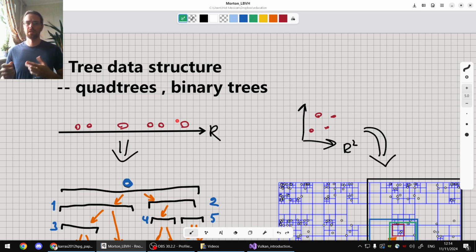And I have to calculate a lot of pairs of forces. So in this case, I can use, instead of brute forcing, a common technique.